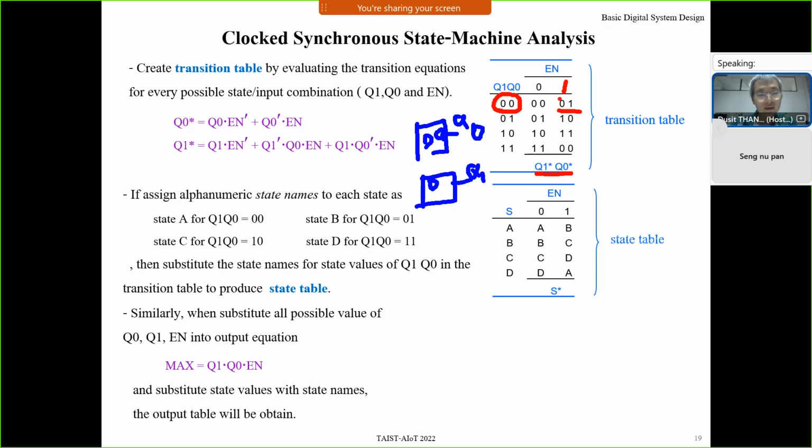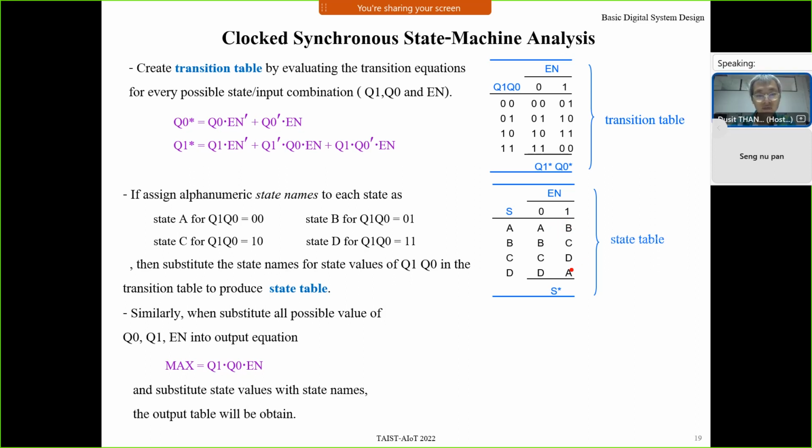From this table. Or, when the machine is in state A, when the clock ticks and input is 1, it changes to state B. Understand? Okay, that shows what the new state is when the clock ticks.